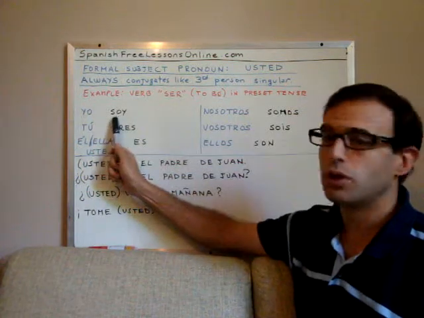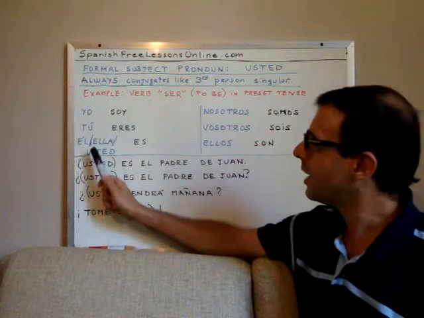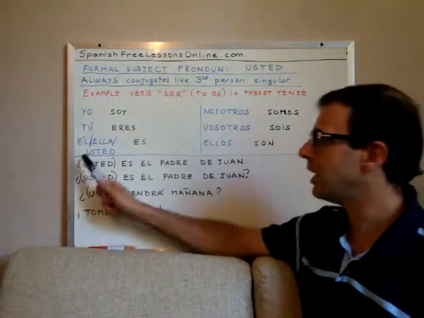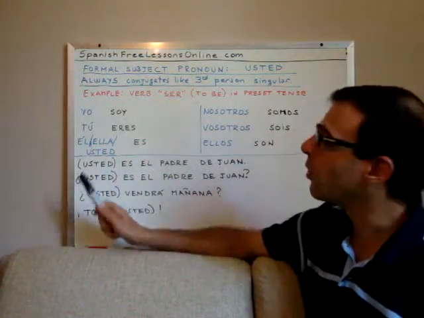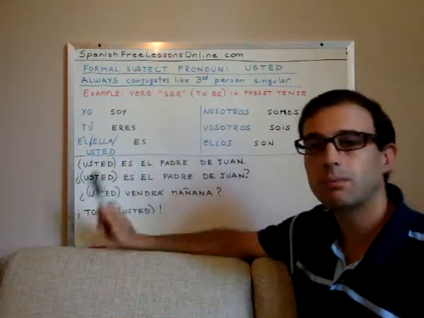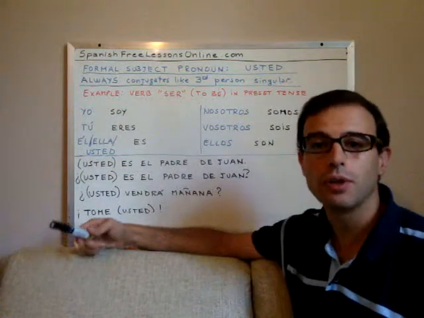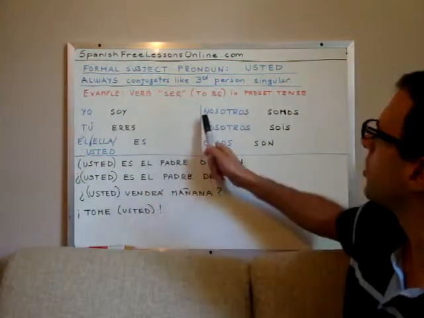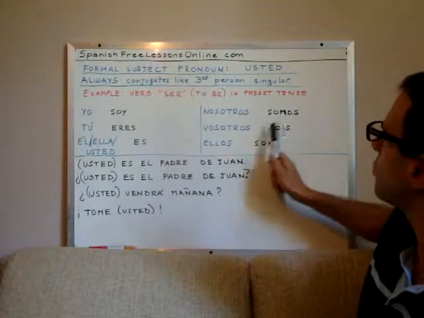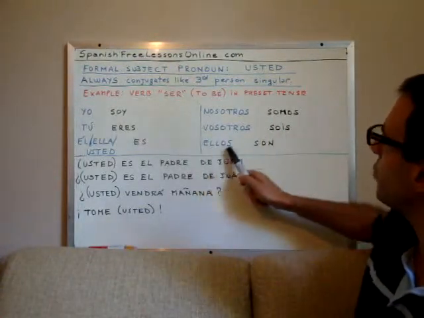Yo soy. Tú eres. Él es. Or ella es. Or usted es. So usted es means you are, but this is a formal you. Nosotros somos. Vosotros sois. Ellos son.